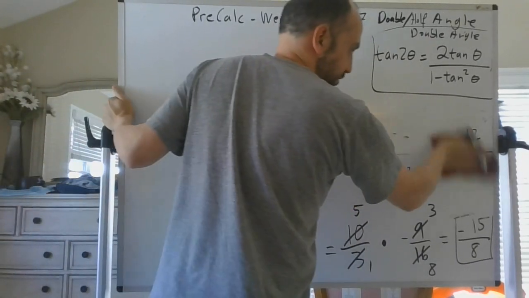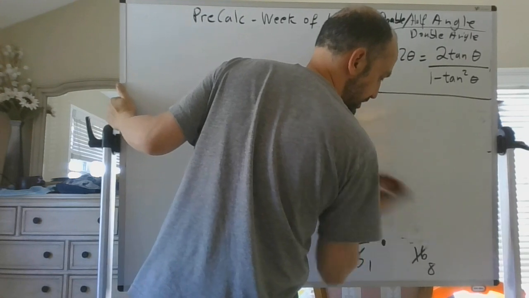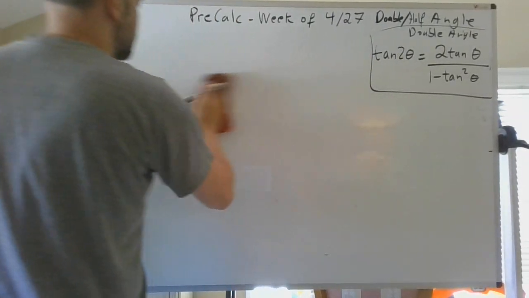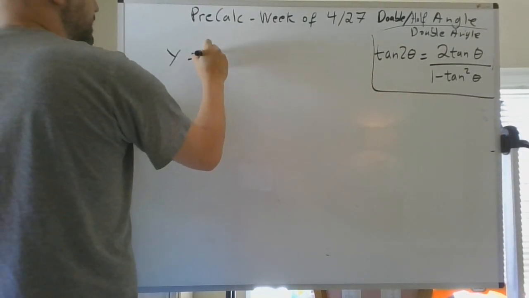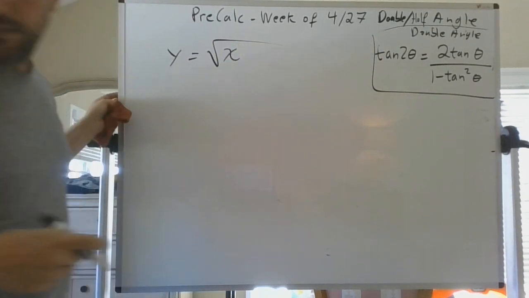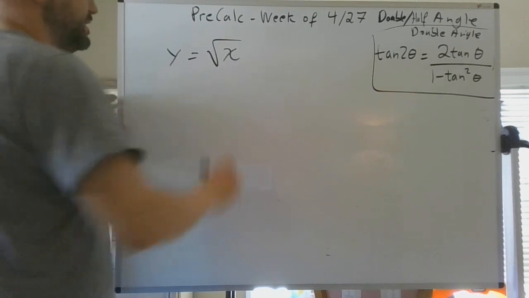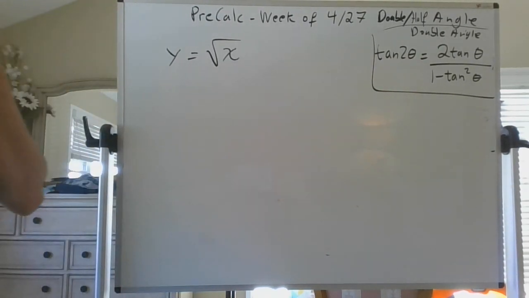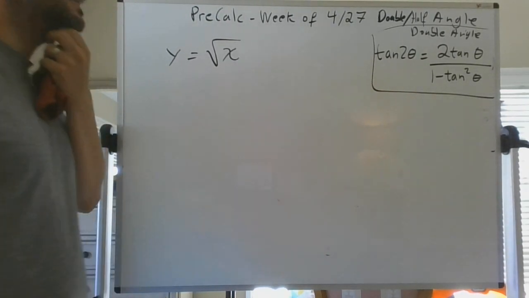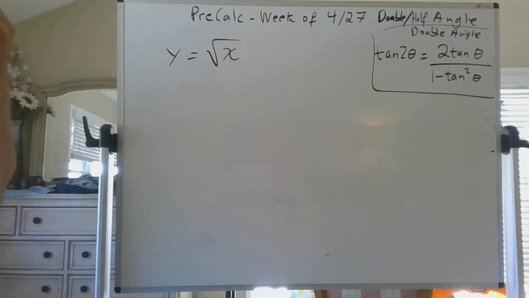A couple throwbacks. First is graphing with a square root, something like this. Let's just go y equals square root of x. All right, let's think about this for a second.